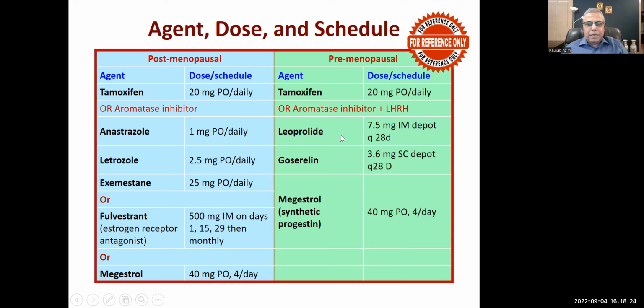The only thing that we are adding over here is gonadotropin releasing hormone agonist, also known as luteinizing hormone releasing hormone agonist, okay? Leuprolide and goserelin. I hope you have done that in your pharmacology for anti-cancer drugs. Megestrol is not very commonly used, but it is one of the options.